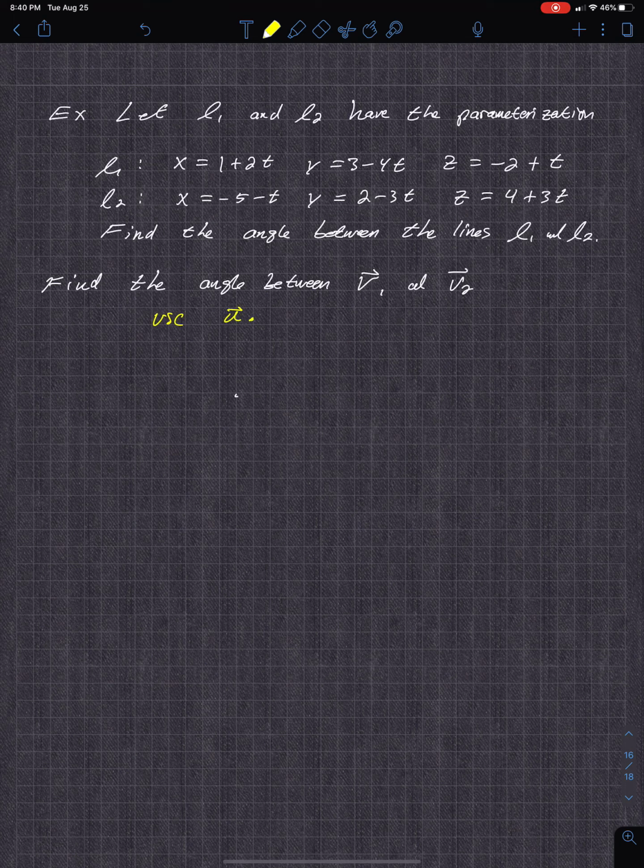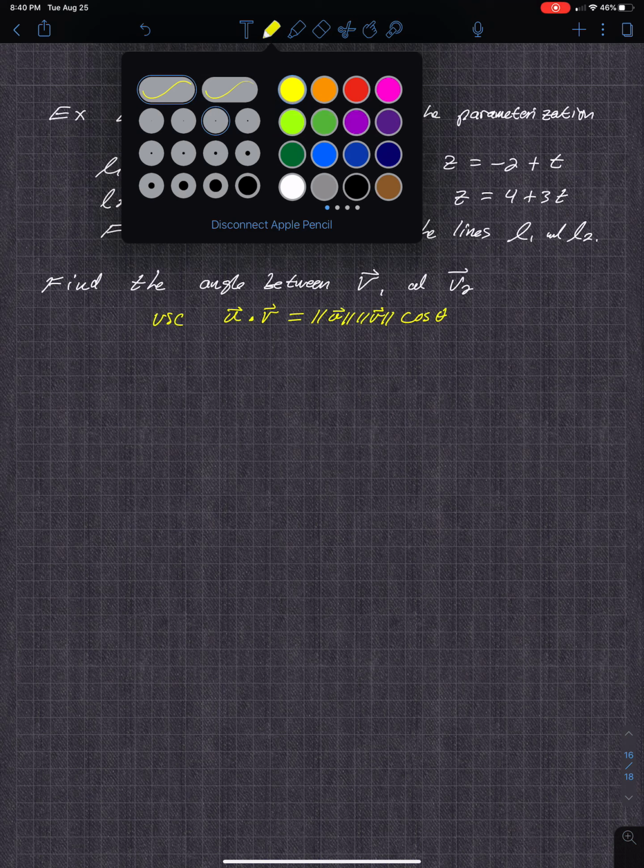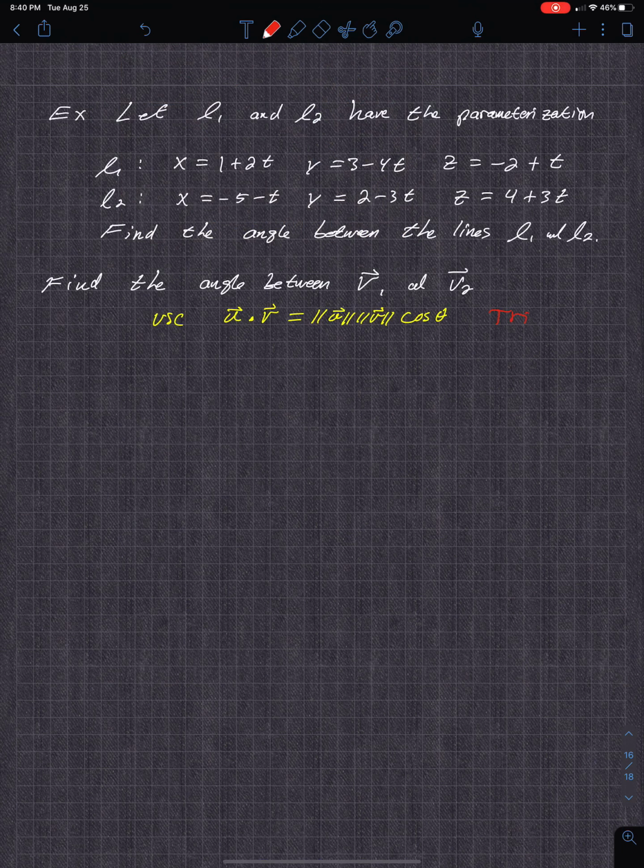We're going to use u dot v, the one we derived, magnitude u, magnitude v, cosine theta. So we're going to use that one and just solve for cosine, and arc cosine will give us that one. So try it now. Okay, so try it. And then we'll come back to it.